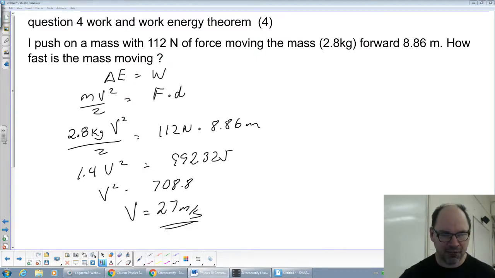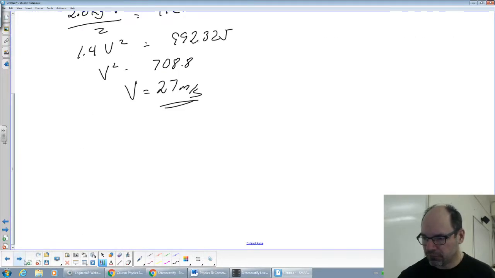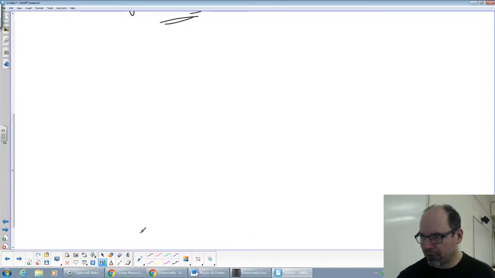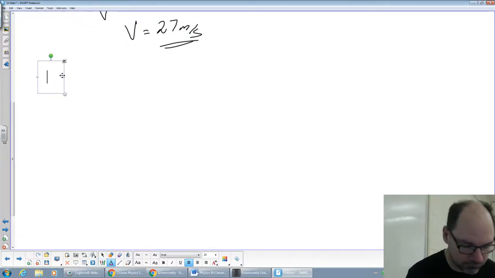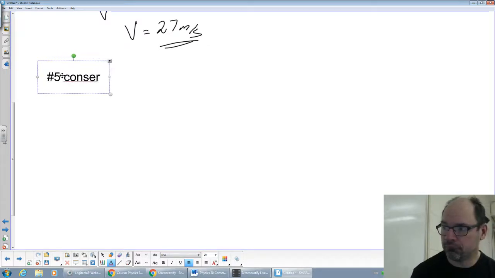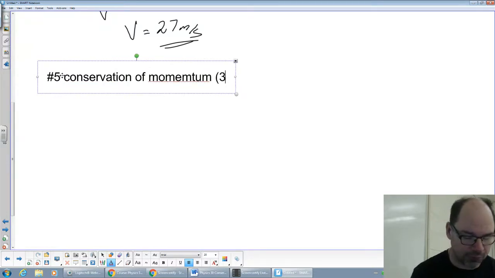Number 5 is a conservation of momentum question, worth 3 points.